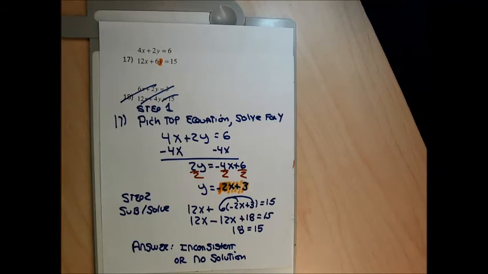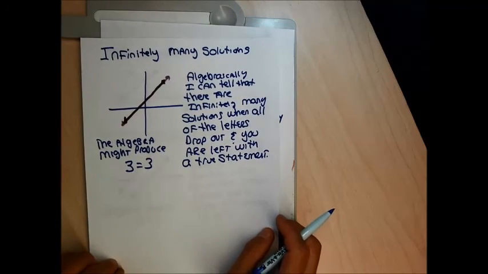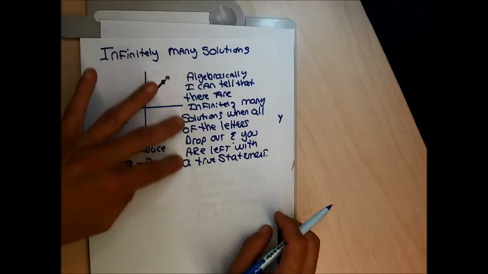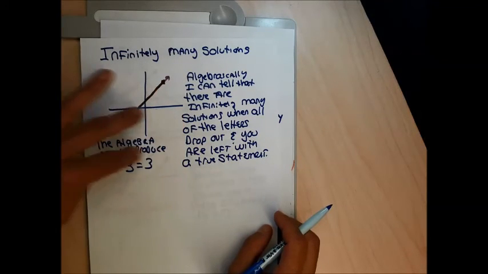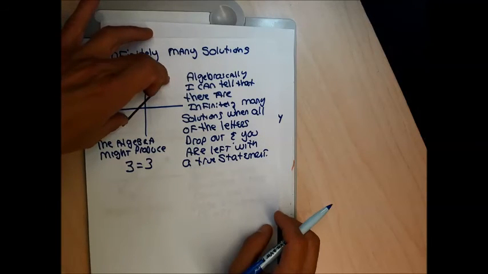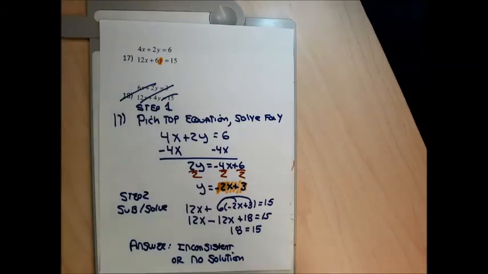The next problem is going to have infinitely many solutions, and I can't ever remember writing a test question that has infinitely many solutions. So this isn't the most important thing in the world, but I'll do it for you. The next problems that we're going to do, 19 and 20, what's going to happen in the algebra is the letter's going to drop out and we're going to be left with a true statement. When that's the case, if you graph the lines, they would graph right on top of each other and there'd be infinitely many solutions.